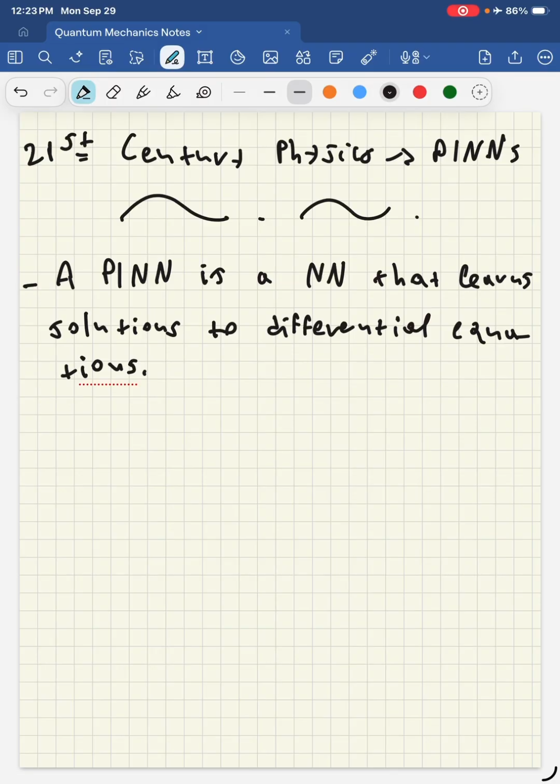So physics-informed neural networks, let's continue. So what does this do?